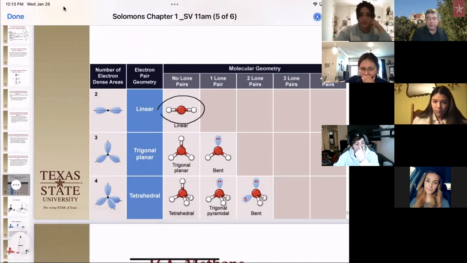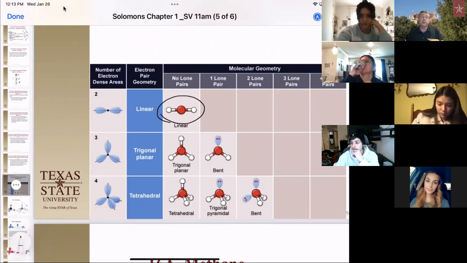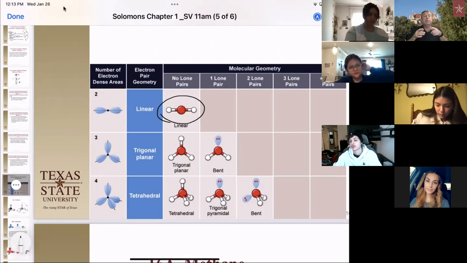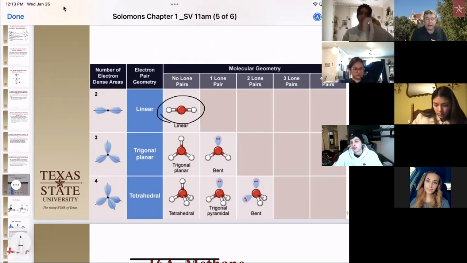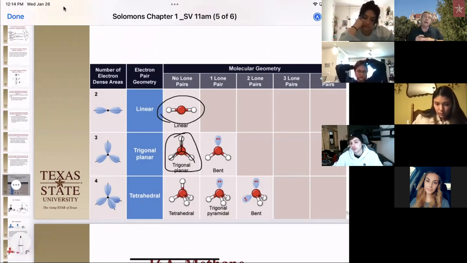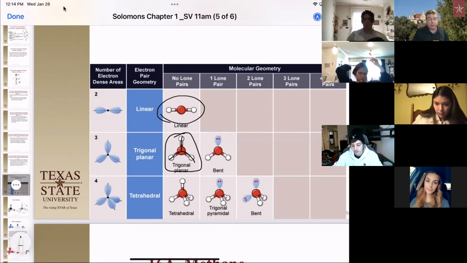Now, if we have 3 equal orbitals, or 3 equal areas of electron density, like boron, we're going to be flat, trigonal planar, like this. Okay, kind of like that middle part when we had the sp2 hybridized, where the one was coming up and down. But what if we have 4 equal orbitals? 4 equal orbitals are going to spread each other out as far as possible and give us that 109 degrees.